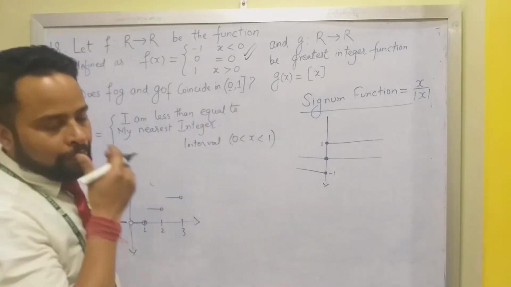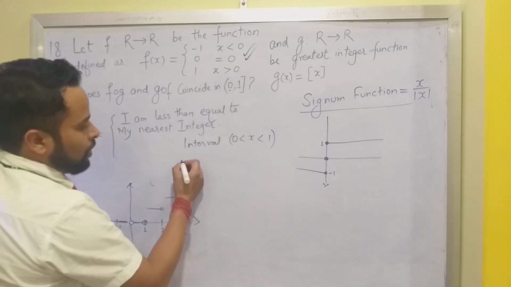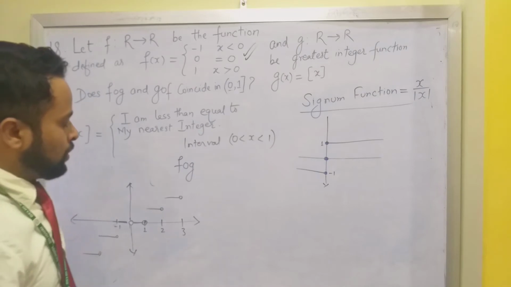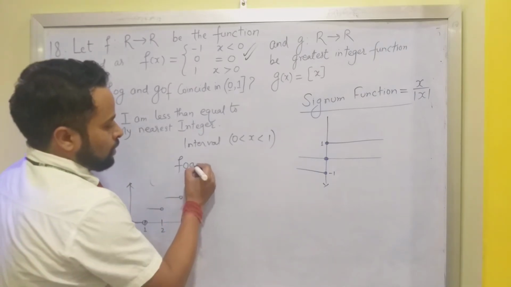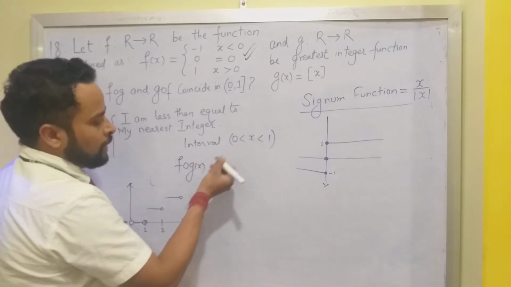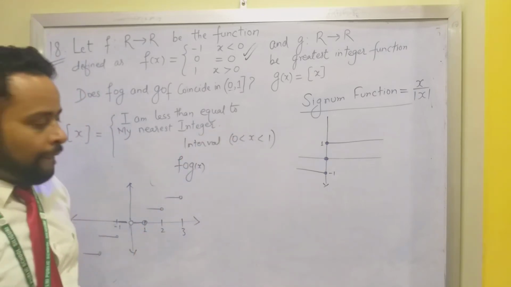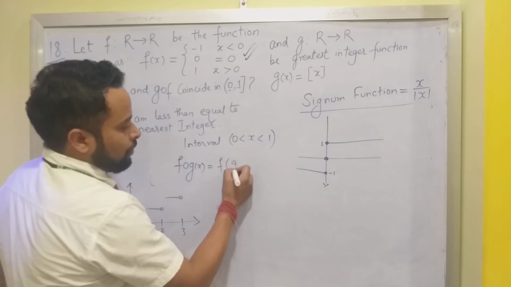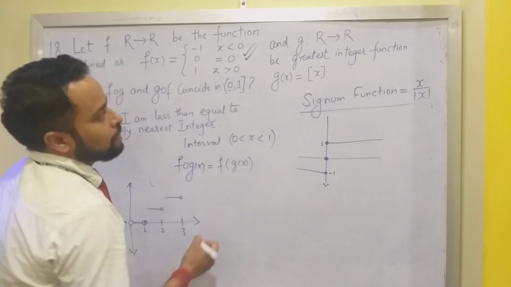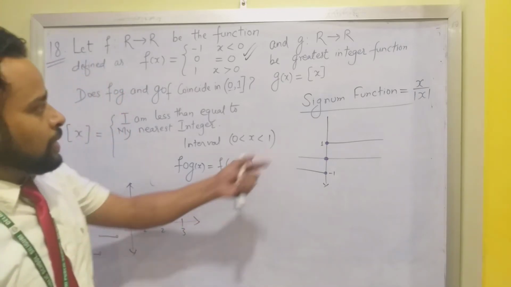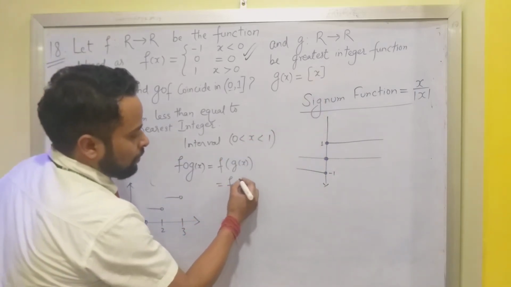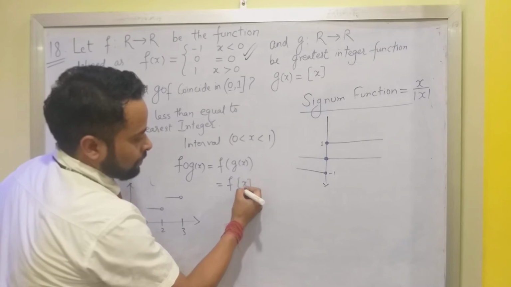So FOG of x, let us think that x belongs to 0 to 1. It is f of g of x. What is my g of x? G of x is greatest integer x, so f of greatest integer x.